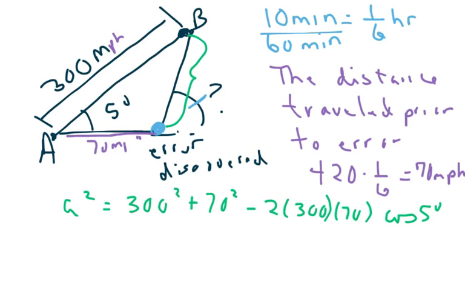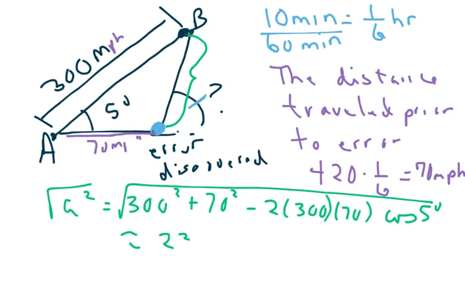Use your calculator and take the square root of both sides. You get 230.35 miles. This is supposed to be miles, not miles per hour, so just miles.